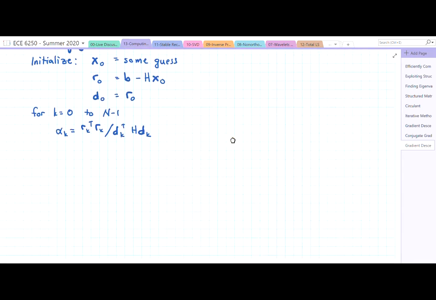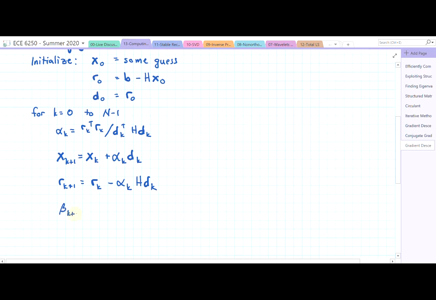Next, we update our x. x k plus 1 is going to be x of k plus alpha k dk. And now that we have our new x, we can find our new residual. rk plus 1 is equal to rk minus alpha k H dk.